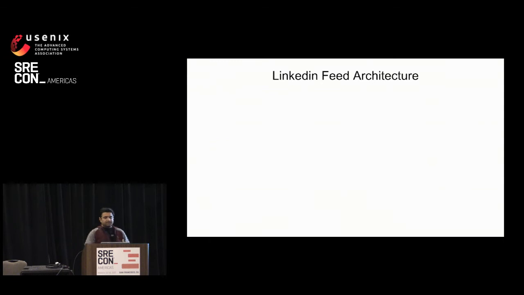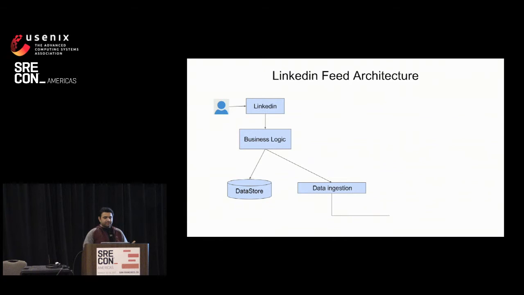Now, how does the LinkedIn feed architecture work? When a member goes to the LinkedIn site, our feed system generates a feed for the member upon request by aggregating the content created by entities. Here, entities can be a member, a school, or things you follow.